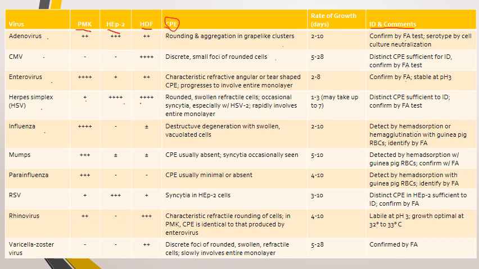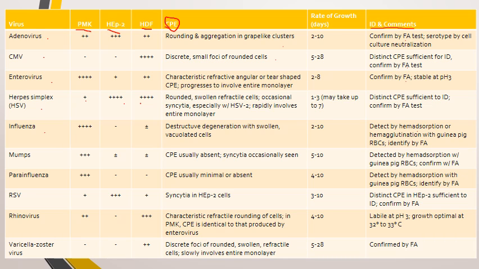Then the specimen is allowed time to grow on that cell line, and we start looking for cytopathic effects, or CPE. The CPE are the changes that occur to the cell line, which are characteristic of the type of virus that's causing these changes. As viruses feed off of the host cell, the cell will change.